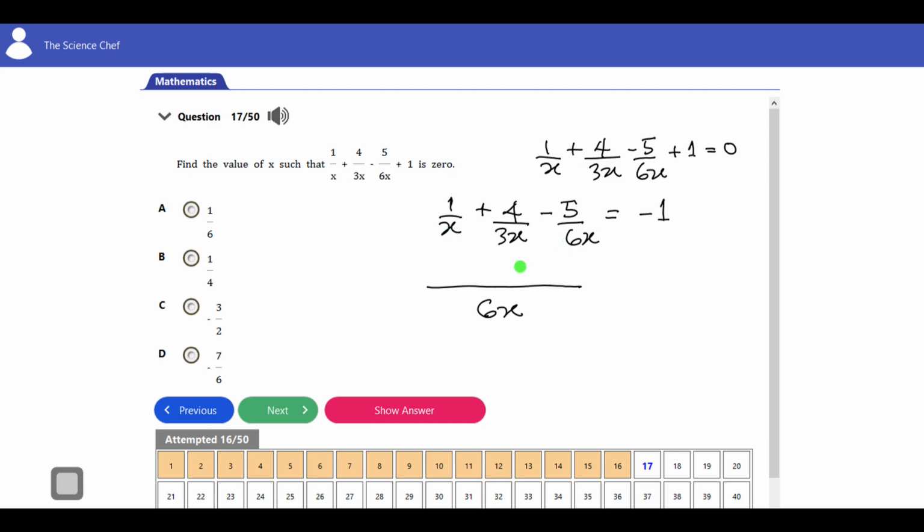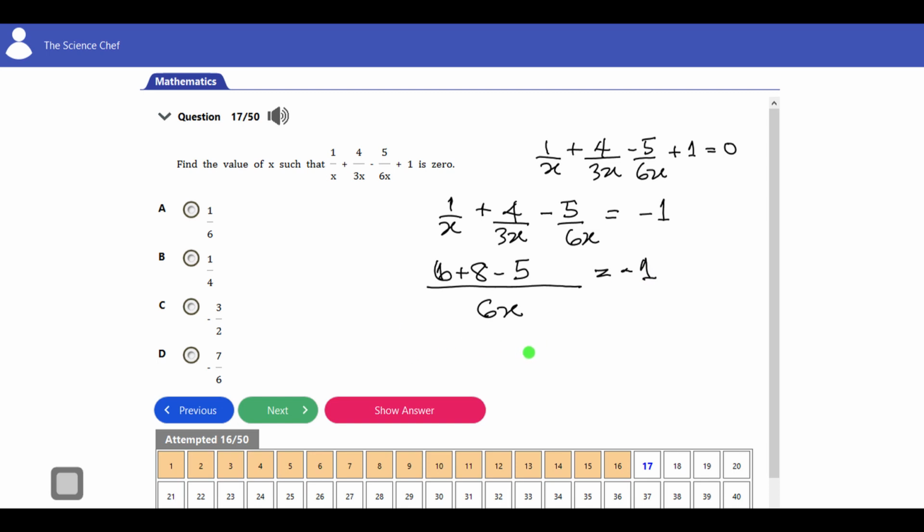And we then reduce the left hand side to a single fraction. 6 times 1, that will be 6 plus 3x into 6x, that's 2 times 4, 8. 6 into 6x 1 times this minus 5, so that's 6 plus 8 minus 5 all over 6x equals to what? Minus 1, right?